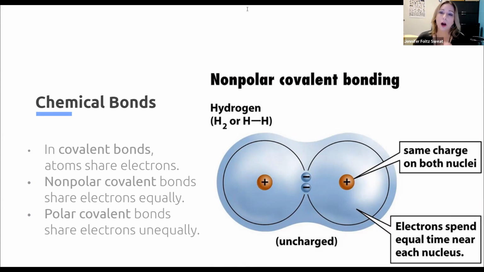So a non-polar covalent bond means that both atoms have the same strength or power to attract electrons towards themselves. I'll write that down and then explain it in a little more detail.